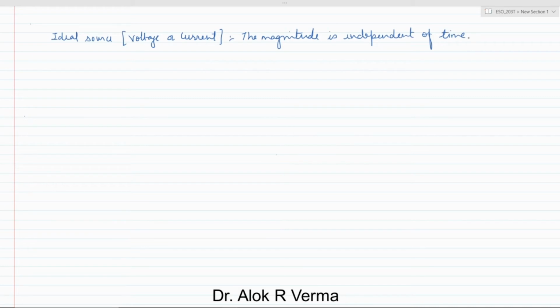Suppose we want to draw the characteristic. This is time and this is voltage. In an ideal voltage source, with time there is no variation, so this is constant. Similarly, for an ideal current source, this is time and this is current I, a DC current which is constant. So there is no variation with respect to time.